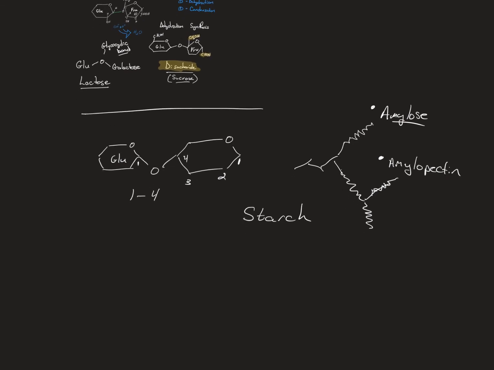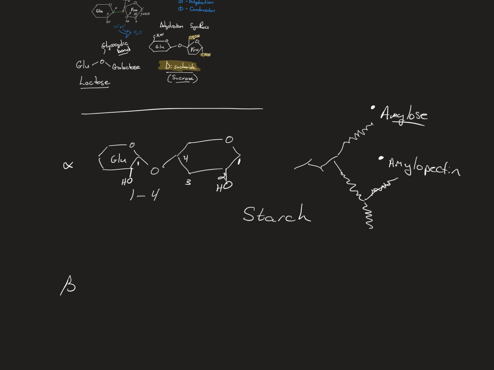Now, when we're looking at cellulose, you still have that 1 to 4, but now instead of having what's called an alpha linkage, you have a beta linkage. Now the beta linkage is slightly different in that you alternate. For instance, in the alpha, you're going to have a hydroxyl group continuously pointing downward here at the second carbon.